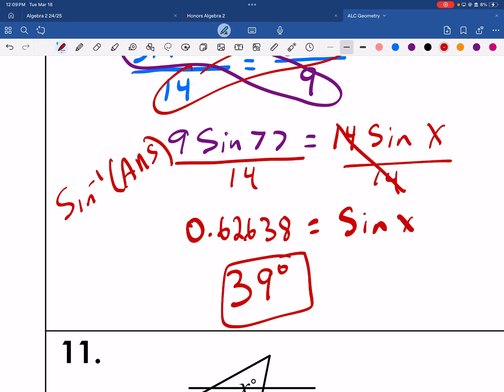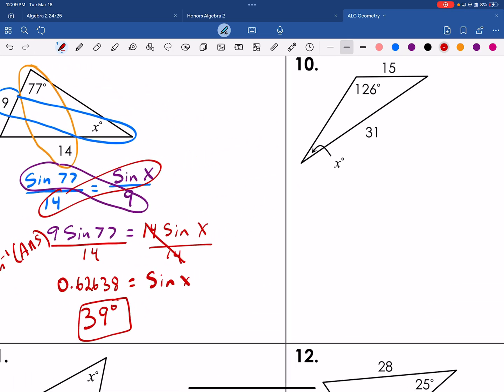Hit second sine, and it's always second sine because it's the law of sine. We find the measure of the angle. Okay, so let's look at another example.